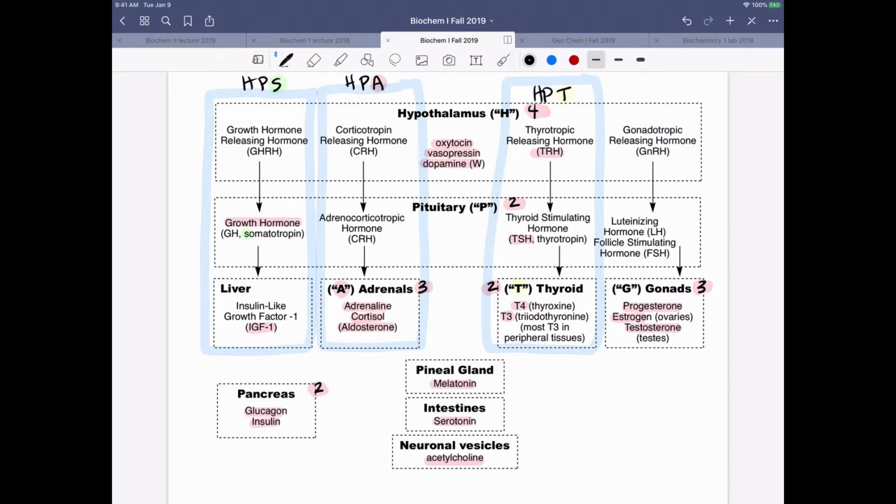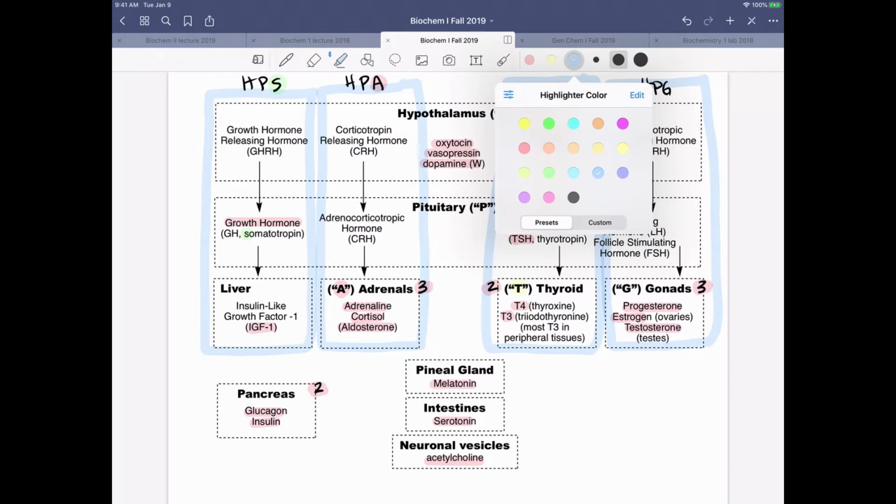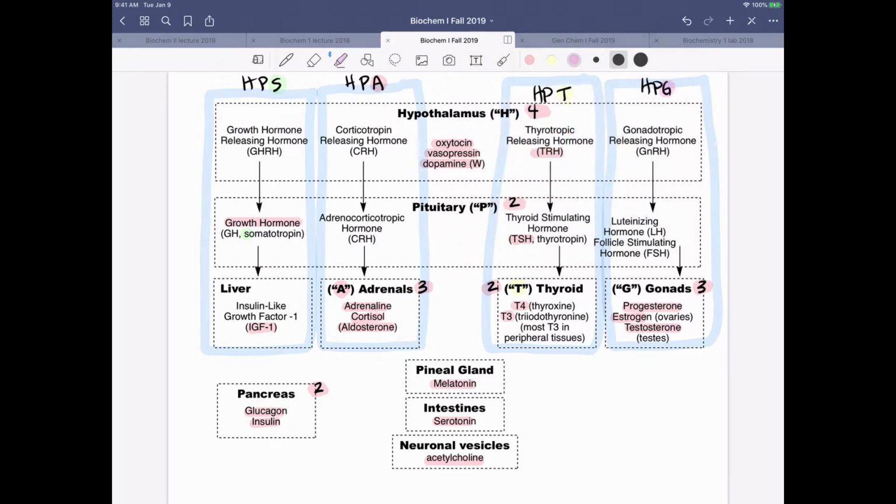And then the last axis is going to be HPG for gonads. So if we remember that we've got these 4 axes that we're going to talk about, that can be a way to start to categorize the different hormones that we need to study.